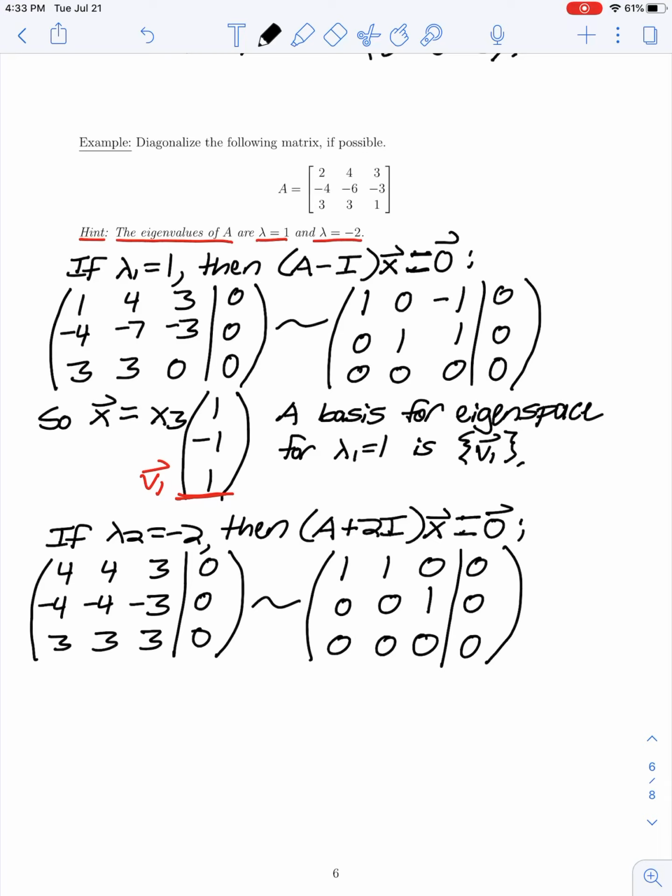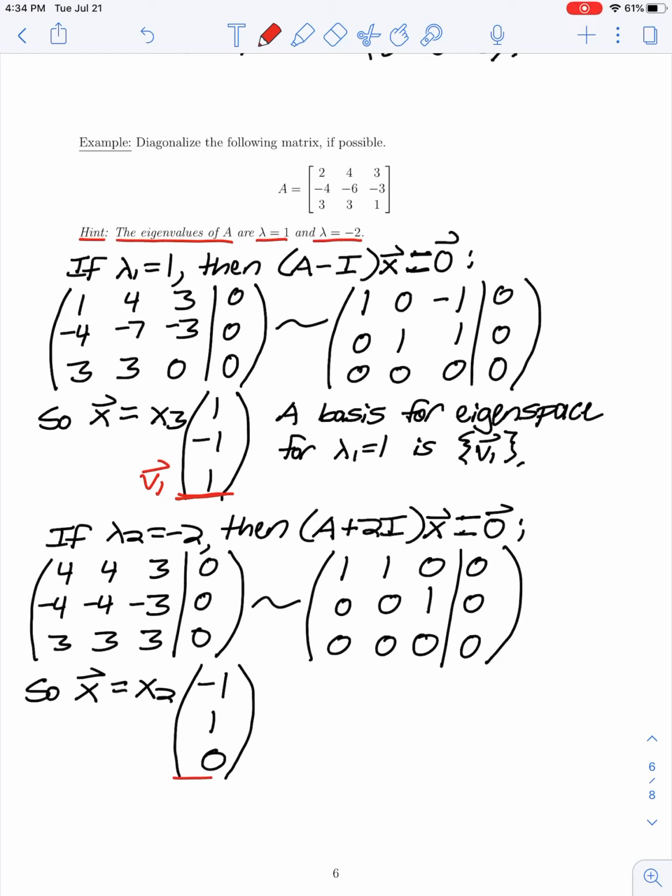So we see here that column 2 is a non-pivot column, so x2 would be a free variable, and any eigenvector x would be expressed in the form x2 times, well, we see from our first row of this matrix, x1 would be the negative of x2. x2 is exactly 1 times x2, and then the second row of this augmented matrix says x3 has to equal 0.